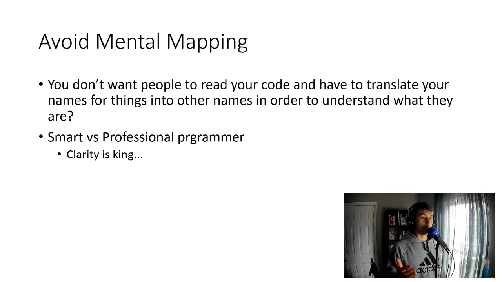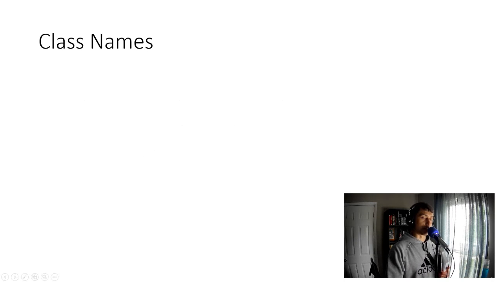Or you can just be super clear and concise. And that's what being a professional programmer is all about, because it's not about you looking smart. It's about you leaving your code base in a better position than it was when you started, because other people are going to be looking at the code base, and you want to put them in a better position so that they're not running around like a chicken with their head cut off trying to figure out what other people wrote.